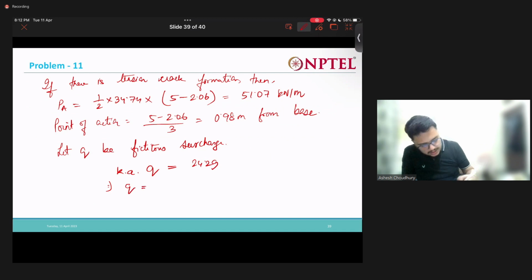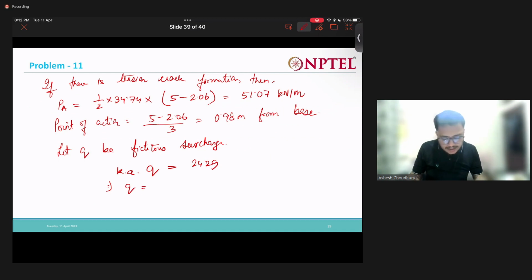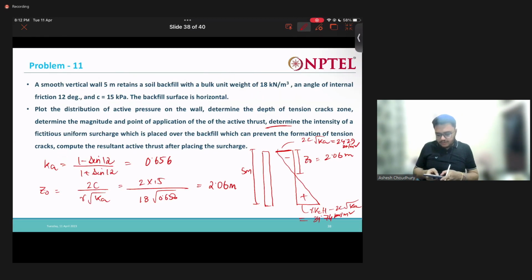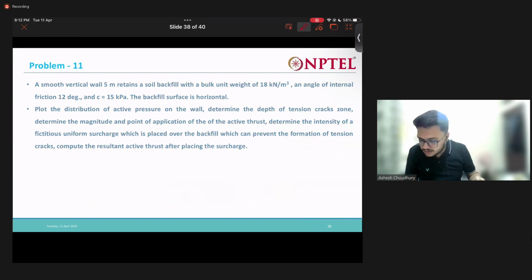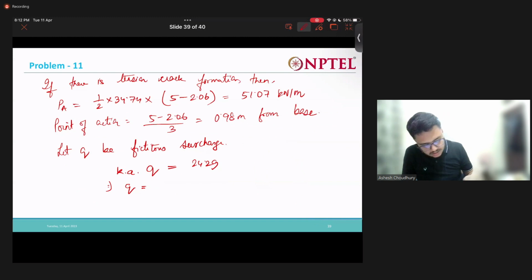So Q is nothing but 24.29 divided by 0.656, which is 37.03 kilonewton per meter square.